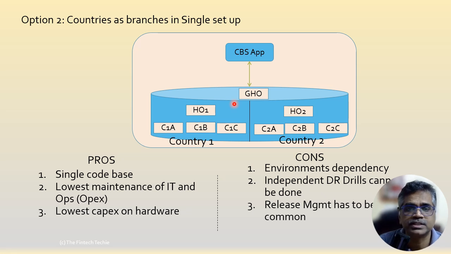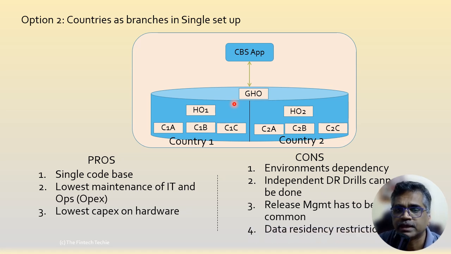So your configurations are very important to ensure that the requirement which you're doing is country specific if need be. Data residency restriction, obviously you cannot do it country wise. Everything has to be in the same data center. Finally, and very important, the data is not physically segregated, it's just logically segregated by branches.